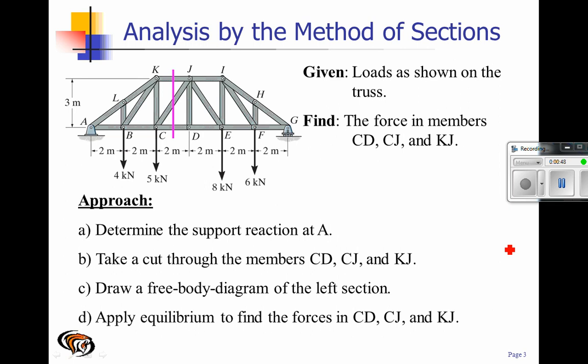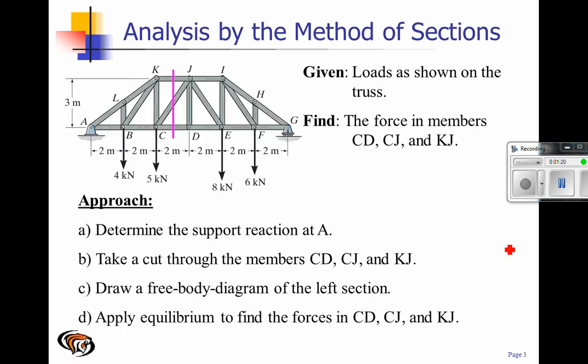So the first thing is, using global equilibrium, we would find the reactions at either support A or G. In this case, we're going to select support A. The next thing is, after we cut through the members CD, CJ, and KJ, we'll isolate the left-hand section and draw a free body diagram. Once we have that free body diagram, we can then apply equilibrium to find the forces in those three members.